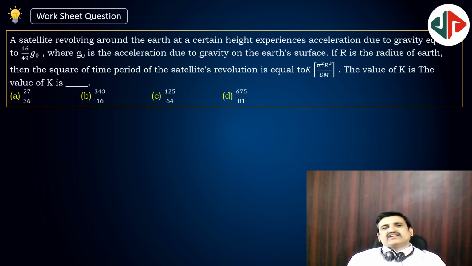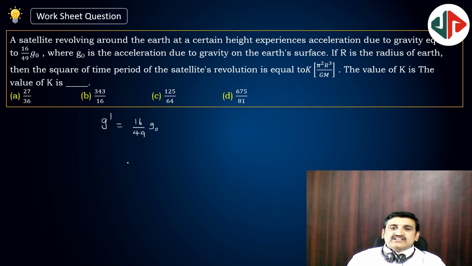A satellite revolving around the earth at a certain height experiences acceleration due to gravity g' equal to 16/49 g naught, where g naught is the acceleration due to gravity on the surface.